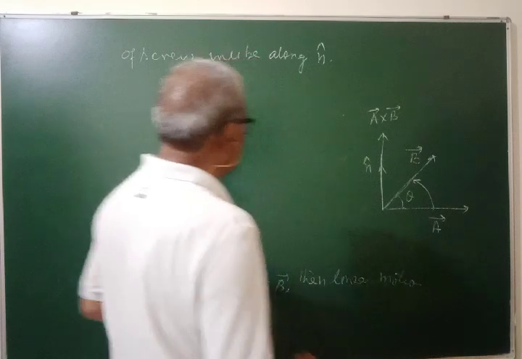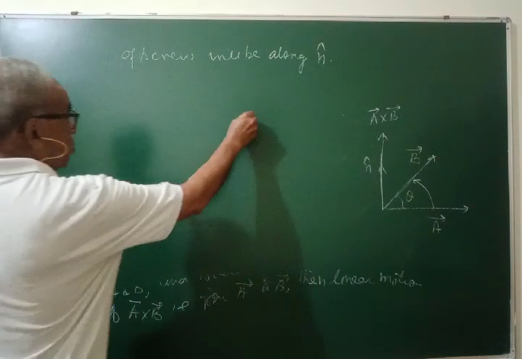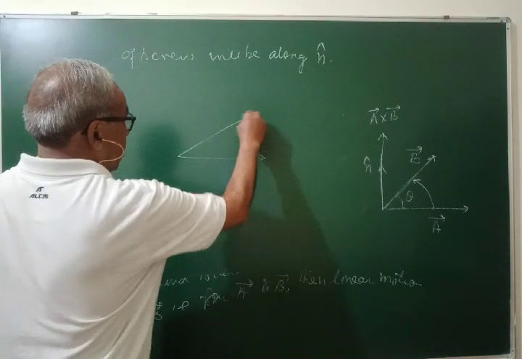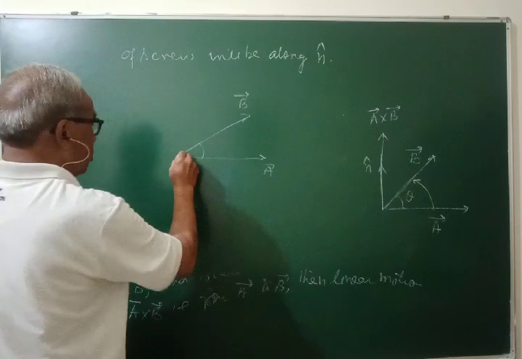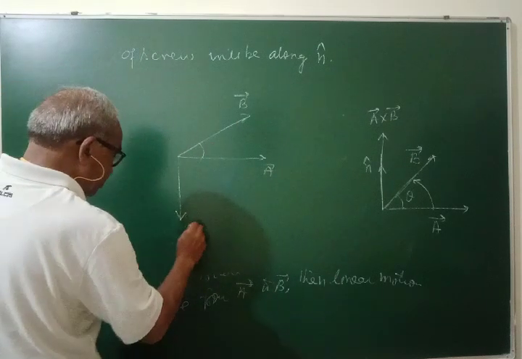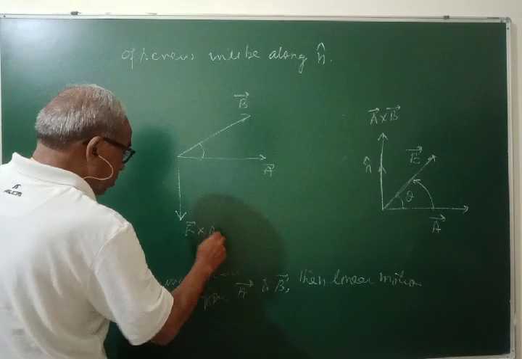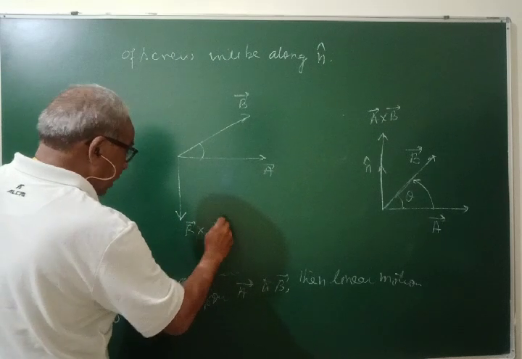If you want B cross A, then B cross A will be downward. Why? Because of the right-handed screw rule.